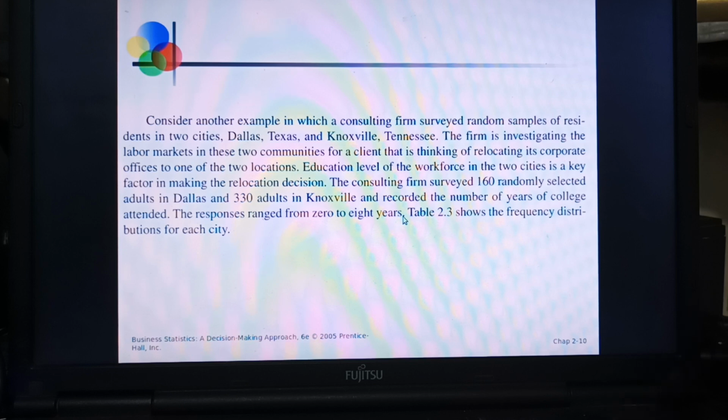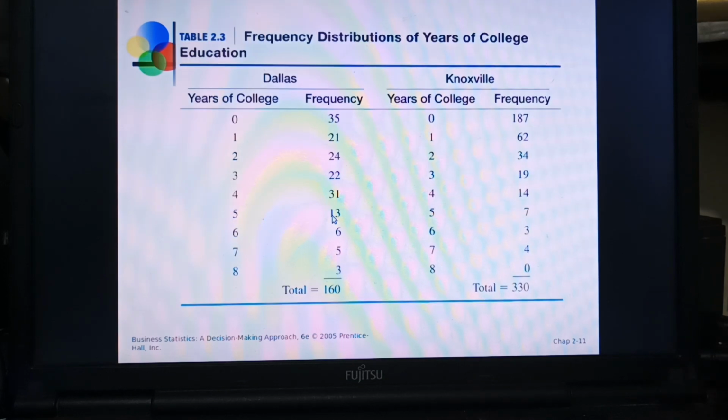Table 2.3 shows the frequency distribution for each city. Here, frequency distributions of years of college education surveyed in Dallas and Knoxville. Dallas here: there are 160 respondents from Dallas.